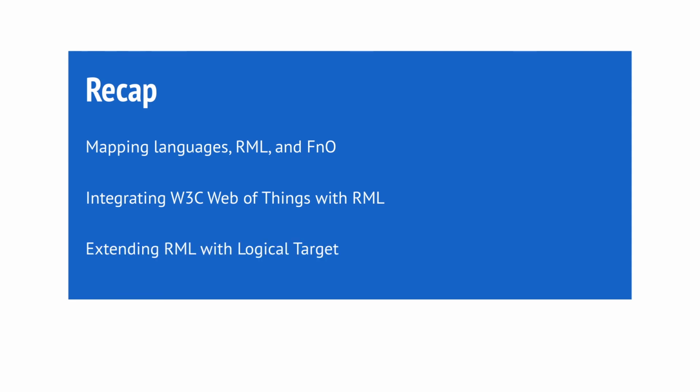Our second contribution is extending RML with logical target, which allows us to declaratively describe how a processor should export our generated knowledge graph to one or multiple targets with fine-grained control.